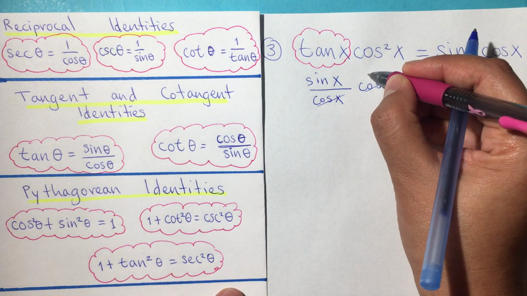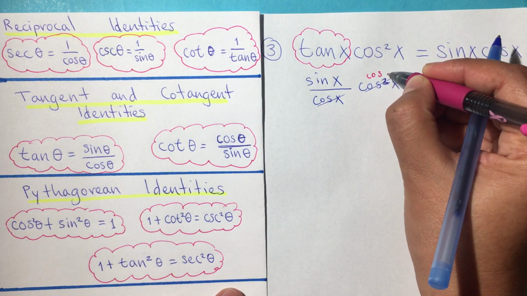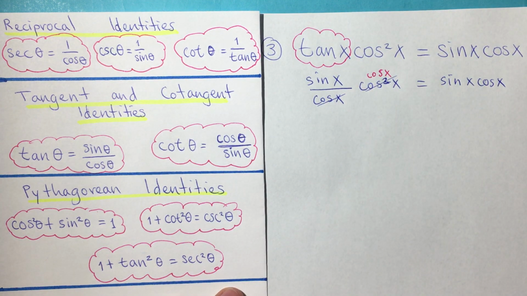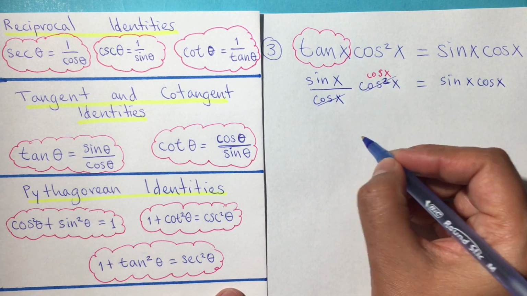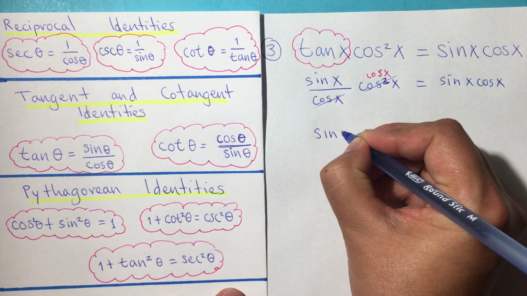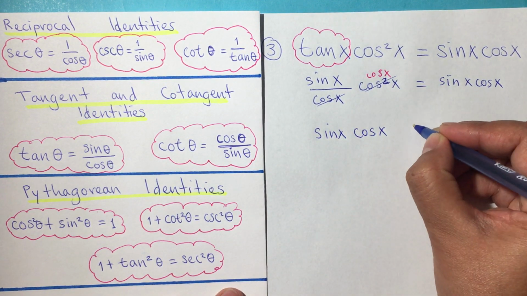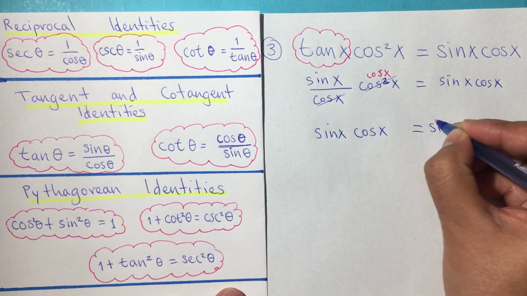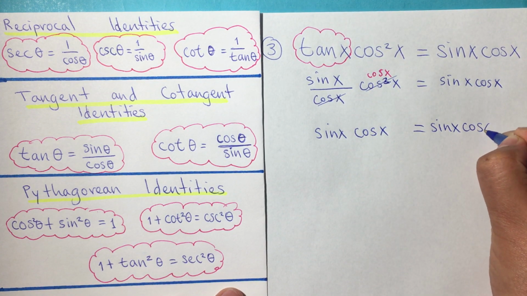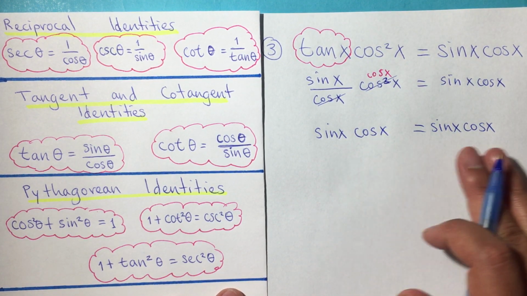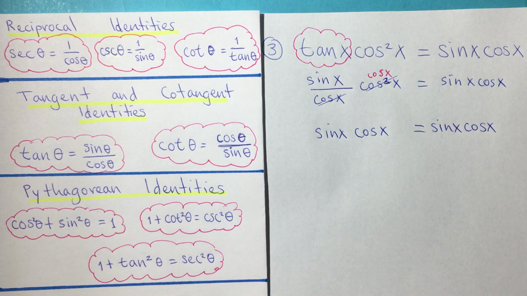And so I'm going to be left with 1 cosine of x, okay? Then I rewrite it, so it's sine of x times cosine of x equals sine of x times cosine of x. And there you have it. They are equal. That means that they are proved to be true, a true identity.